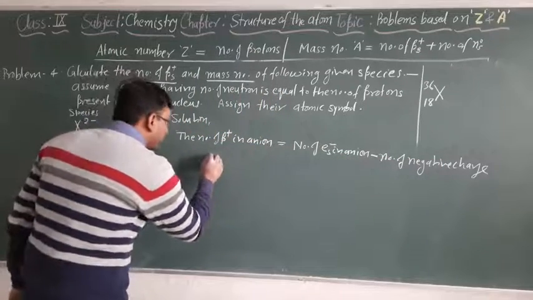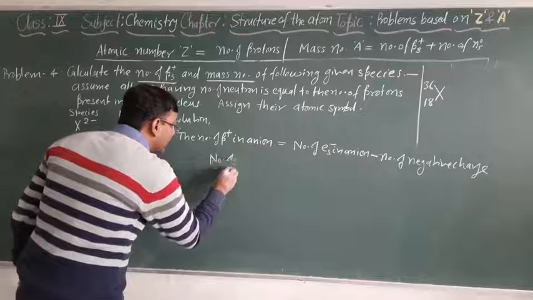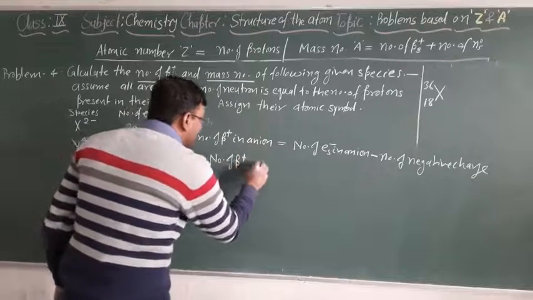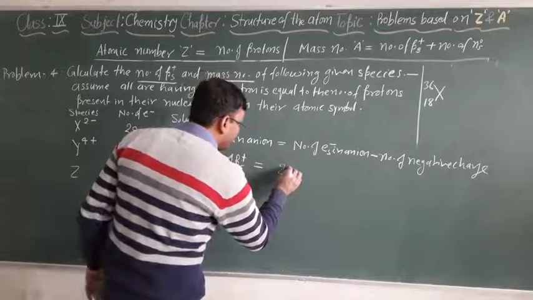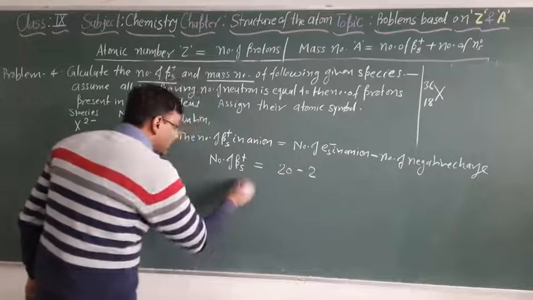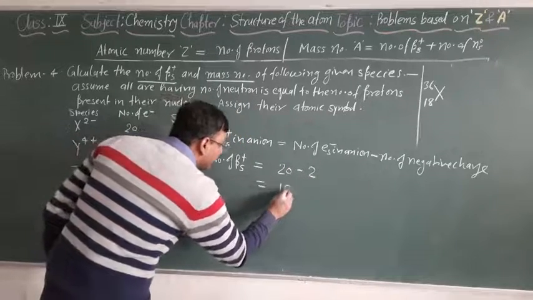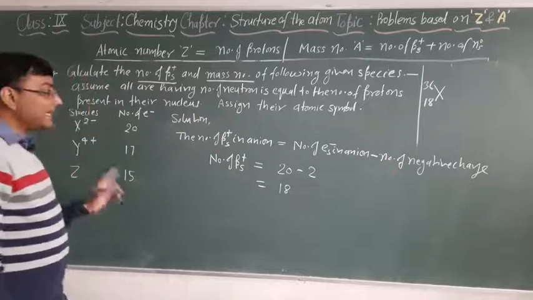So number of protons is equal to number of electrons 20 minus 2, number of protons will equal 18.